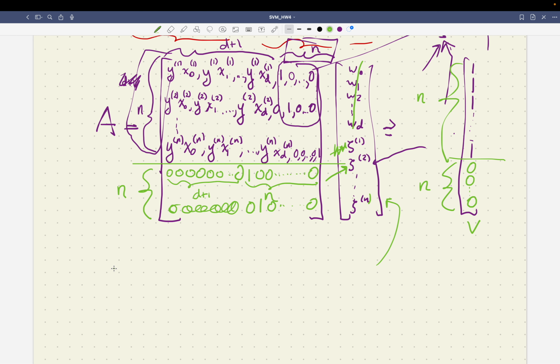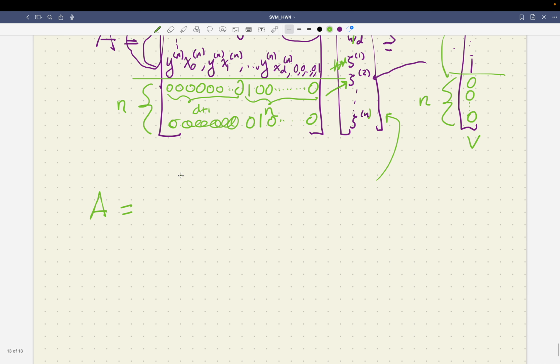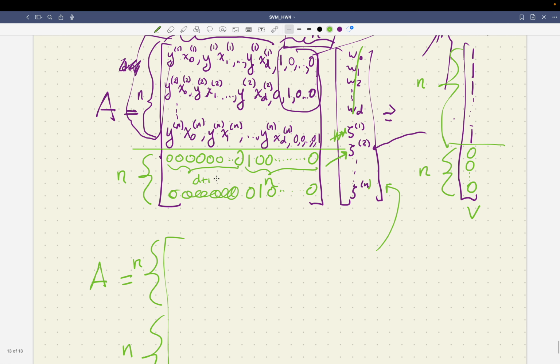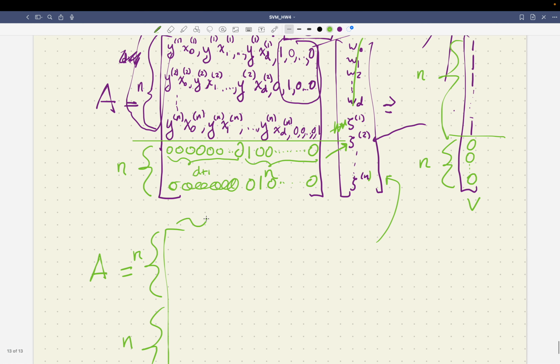Okay, so let's see if we can revisit A here in block form. It seems natural to break it into n rows that are dealing with those first constraints, and n rows dealing with the second constraints. And let's break it up in block form here.